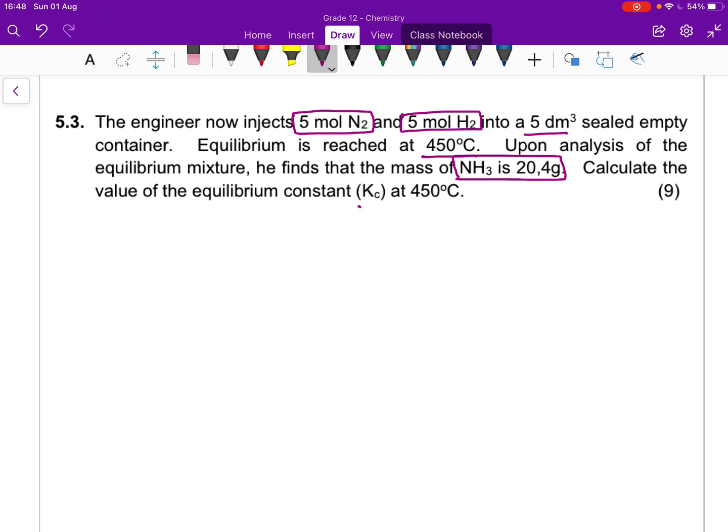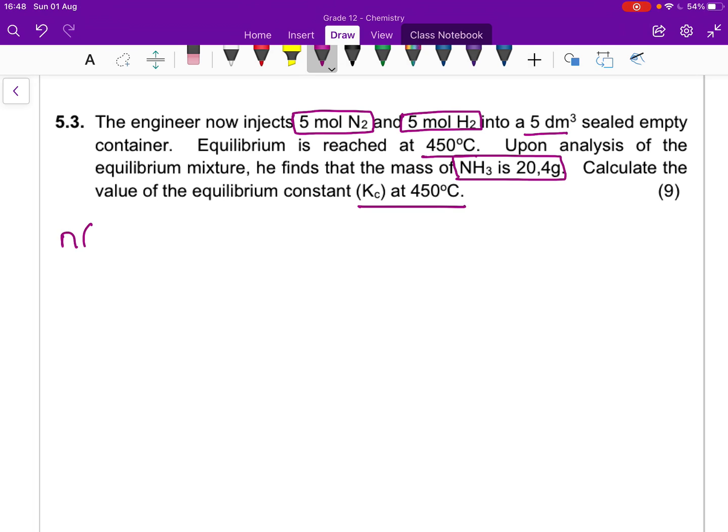Calculate the equilibrium constant. First of all, before you do anything else, we can't work with grams. Up until now, you might have only seen questions where we have number of moles or concentration. So the very first thing I'm going to need to do is make the ammonia into number of moles, otherwise I can't do my calculation.